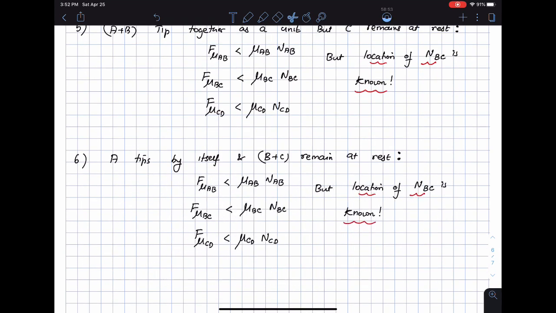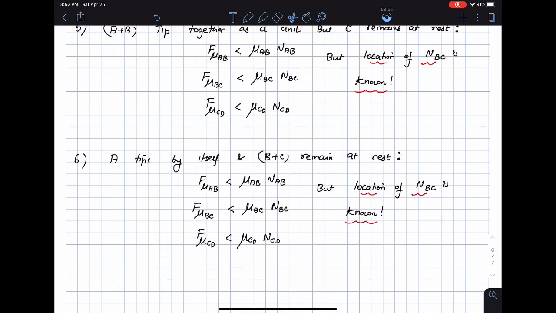As you know, the thing that changes is the following. Now the location of NAB is known to me.